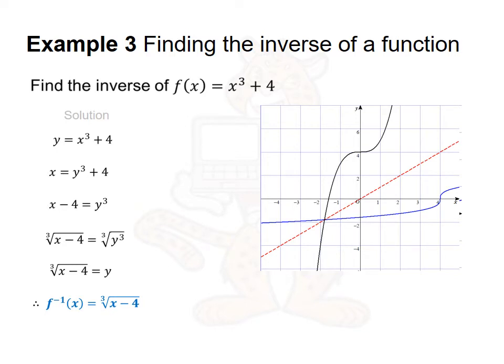Also, you can say that the inverse function, cubic root of x minus 4, is reflected across the line y equals x, and the reflection of this is f of x equals x cubed plus 4. Both graphs are reflected, as we mentioned before, across the line y equals x, and this is what we call the line of reflection.